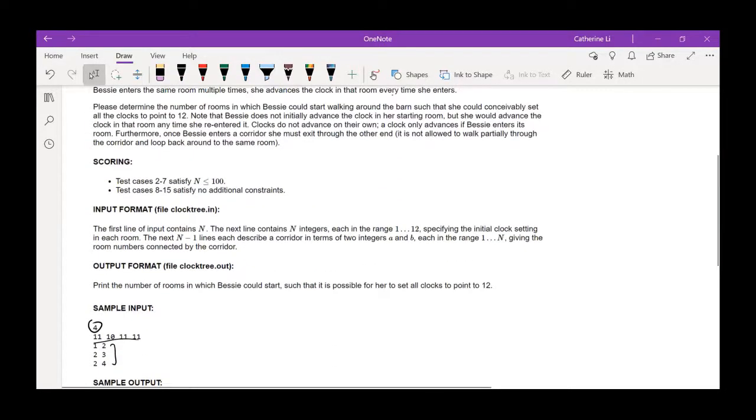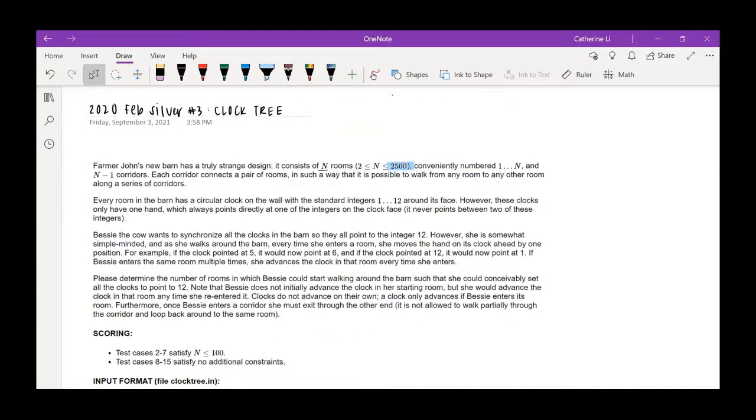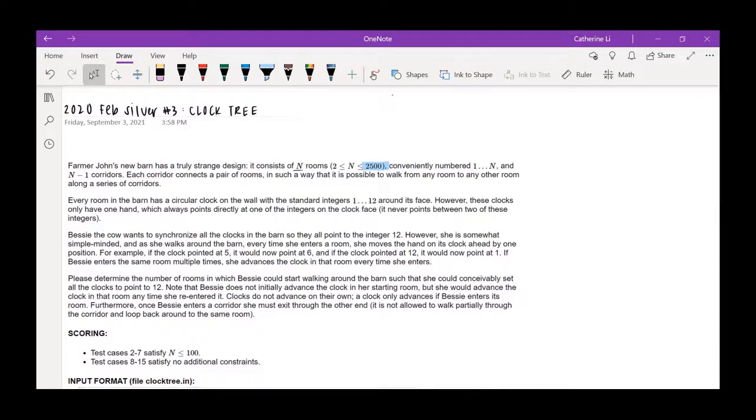So yeah, the first thing that we notice when we read this problem is that we have these rooms that we can treat as nodes, and then quarters that connect rooms, so they're like edges, which means that we're pretty sure this is going to be a graph problem because we have nodes and edges between them, and we're traversing a graph.